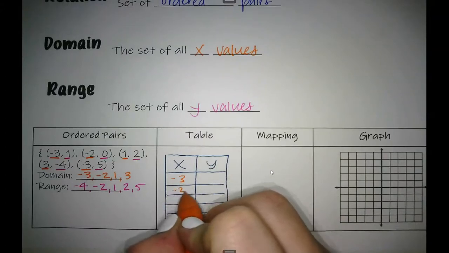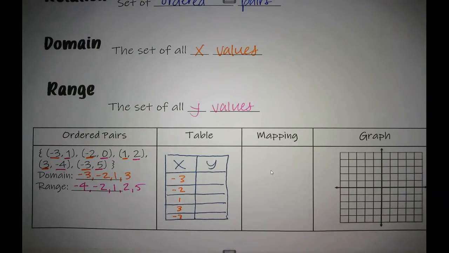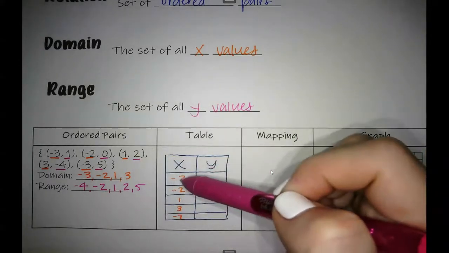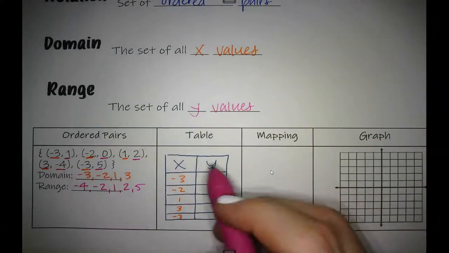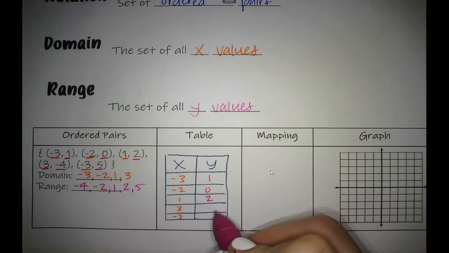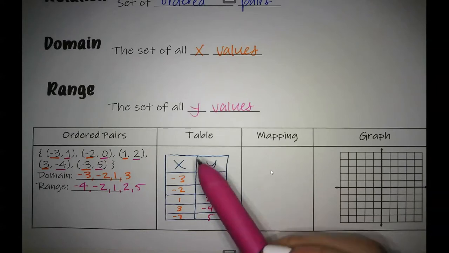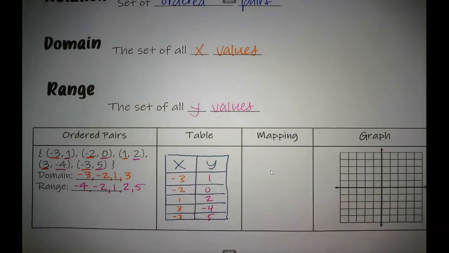So -3, -2, 1, 3, and -3. This time we are listing this one because it is a separate point. All you have to do here is make sure that whatever goes with that -3, that y value goes with it. So 0 to -4 and 5. And I really should have written this with the both -3s up here, but we'll let it this time.